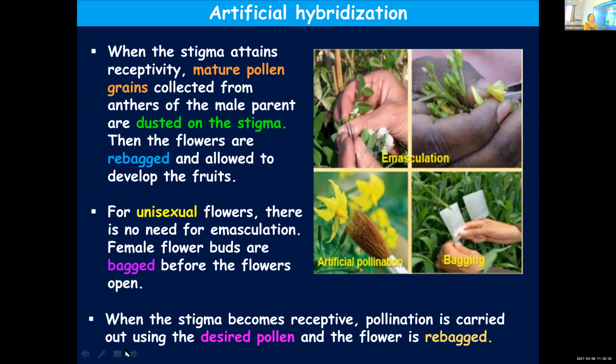And same as in the case of bisexual flowers, when the stigma attains receptivity, matured pollen grains will be collected from the desired male parent, dusted on the stigma, and rebagged again, and a tag also will be attached with all the necessary details, and you call the process tagging. I think it's not mentioned in your textbook, but you will learn in practicals.